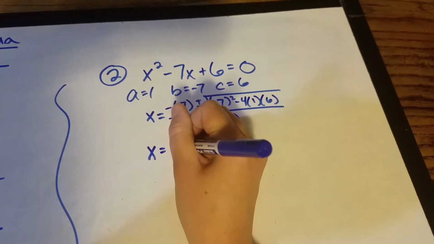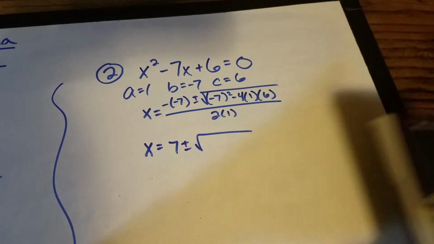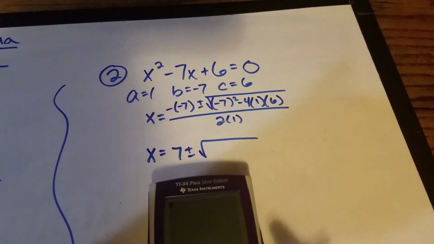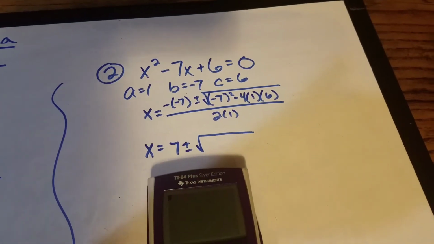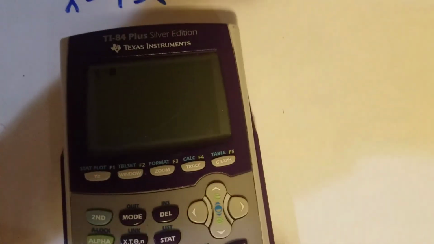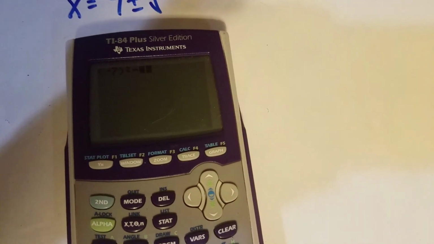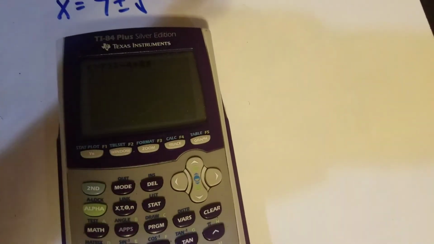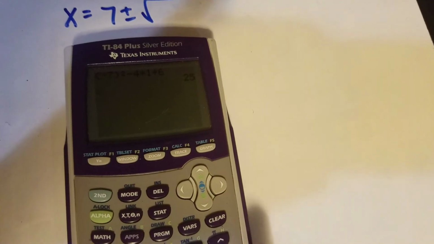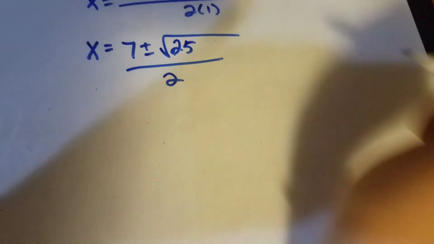So I know negative of negative 7 is positive 7, plus or minus, and I'm going to type in, again, underneath the square root, not including the square root, so I'm going to have parentheses negative 7, let me zoom in, negative 7 in parentheses squared minus 4 times 1 times 6. And we get 25 as our answer. So we're going to replace all of that fun stuff with 25. And then 2 times 1 is just 2.